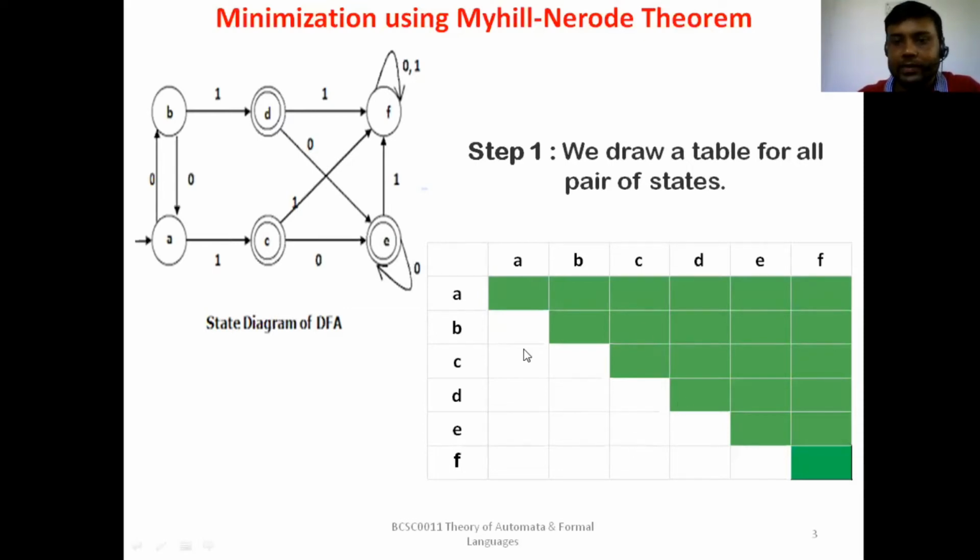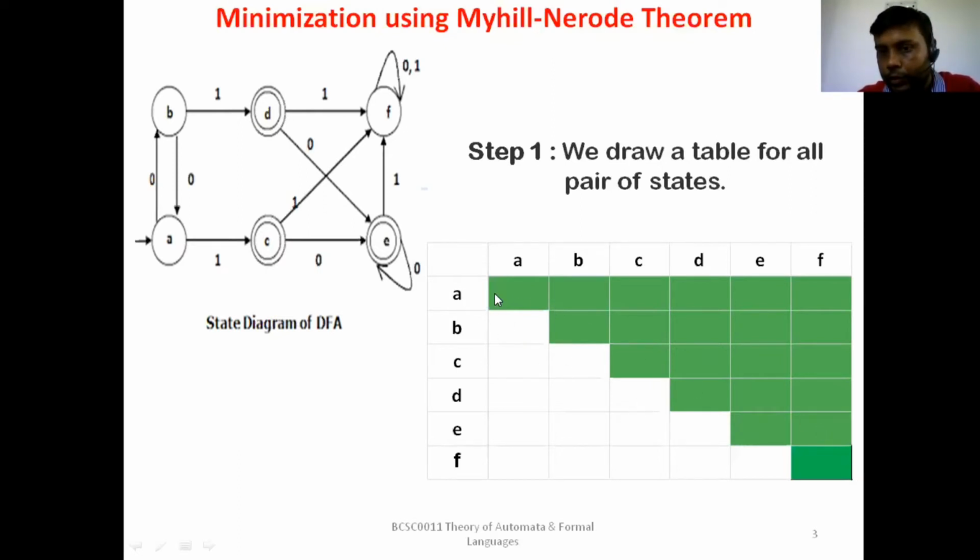Out of this 6 by 6 table, we have to consider either the lower triangular area or the upper triangular area, any one of these two. What we have done here is consider the lower diagonal area.